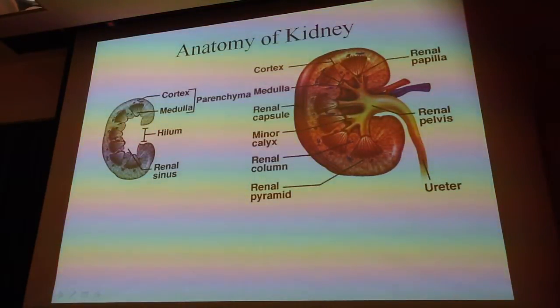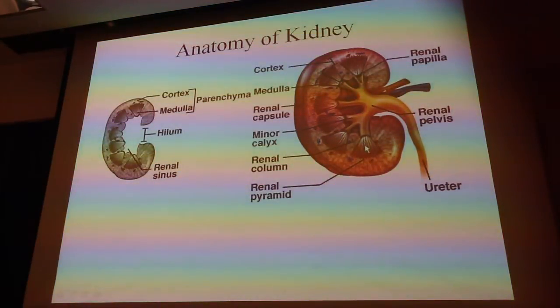Okay. But anyway, let's take a look at the kidney. Remember, the outside part is the cortex. The inner part is the medulla, and that's where all your collecting system is. The tubules form the renal pyramid. Separating the pyramids, you have the renal column. I'm not really concerned that you memorize that.